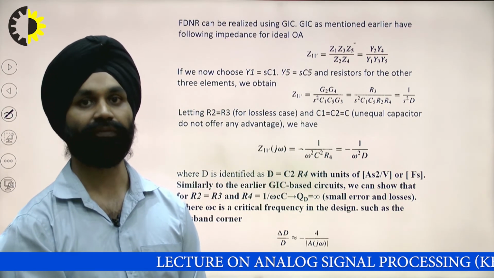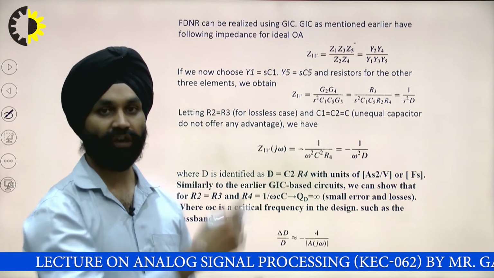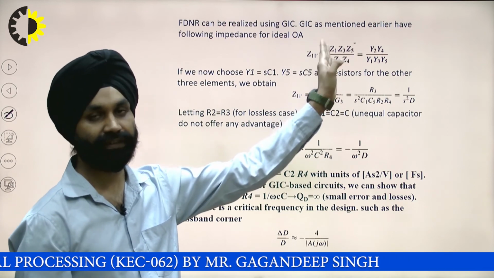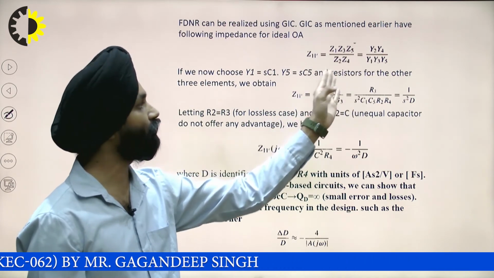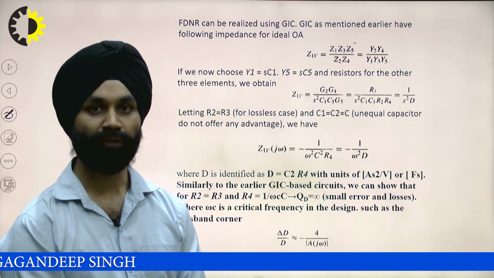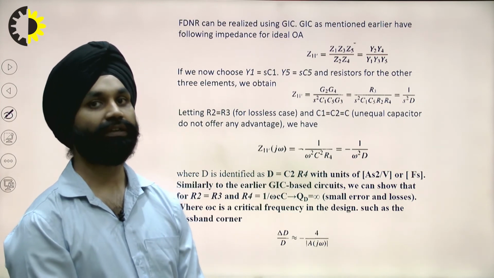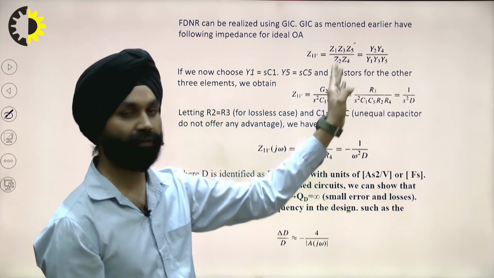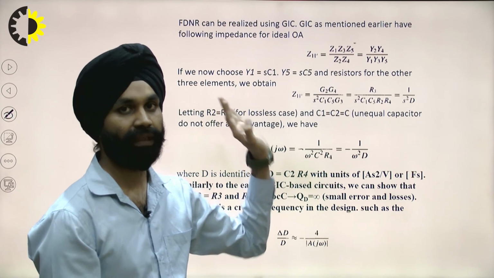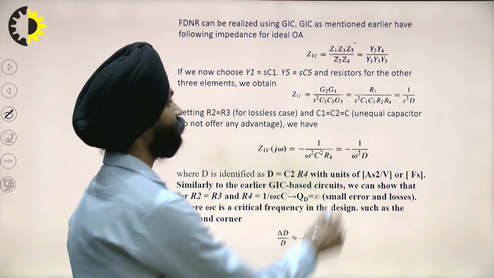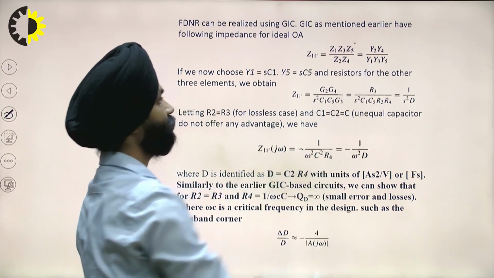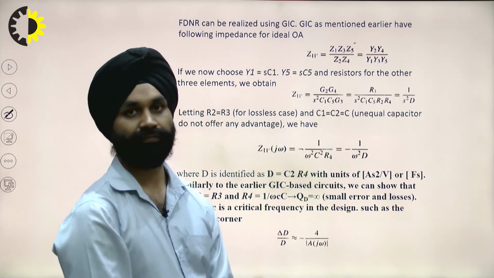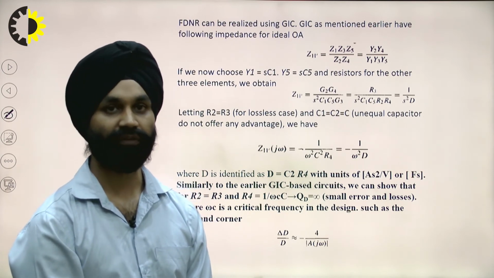We have the simple GIC circuit with this equation. The input impedance is given by odd impedances divided by even impedances, that is Z1 into Z3 into Z5 divided by Z2 into Z4, or in terms of conductances, Y2 into Y4 divided by Y1, Y3, Y5. Now if we have any two of these as capacitors, let's suppose 1 and 5, 3 we do not take as we have discussed in the previous lecture.